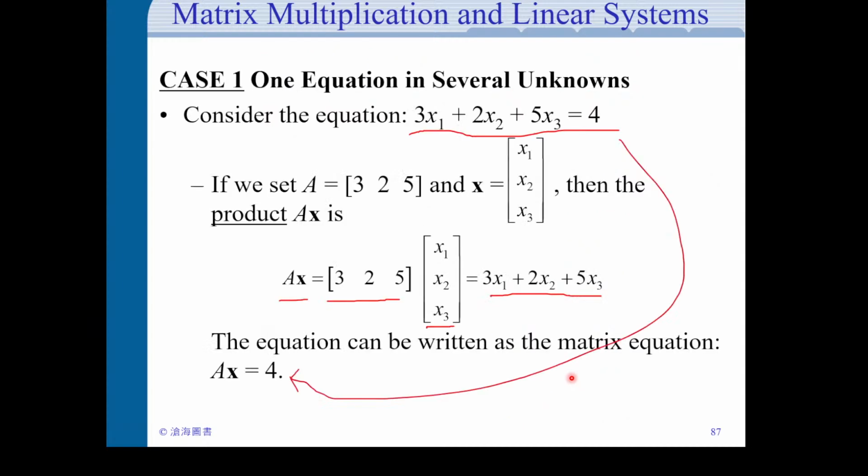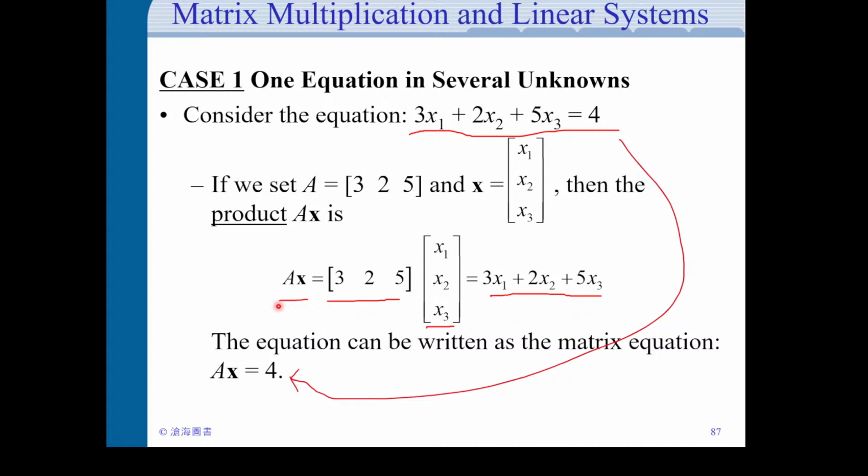And let's see this work out in a smaller case. Say our equation is just one equation: 3x1 plus 2x2 plus 5x3 equals 4. And our A is this matrix with one row, X is this vector with x1, x2, x3, and B is this 4. And we can have Ax equal to B as this.